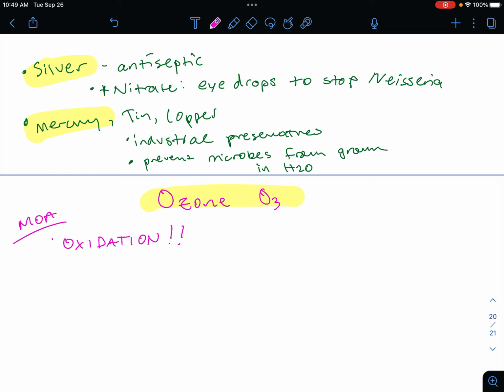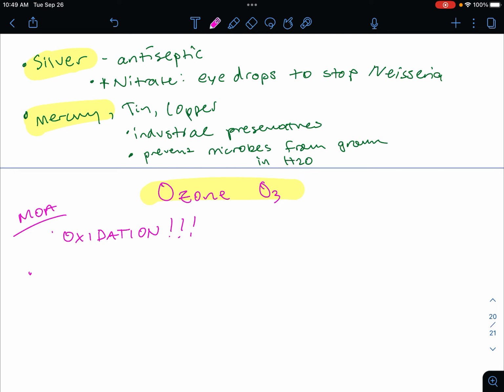So extreme oxidation, because it's literally O3. It's very reactive, a very, very angry molecule. It reacts with everything.